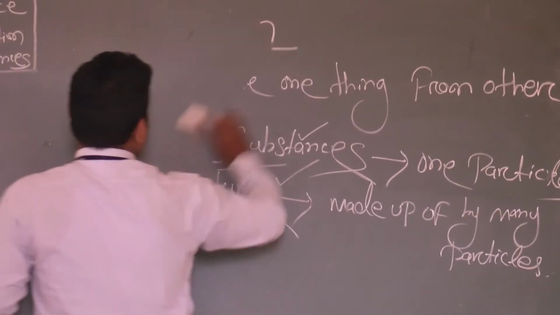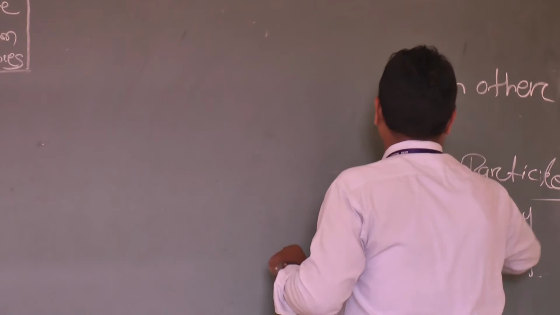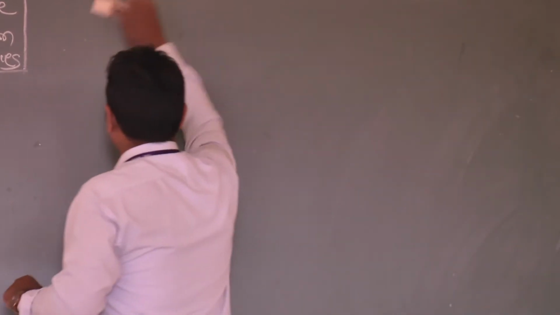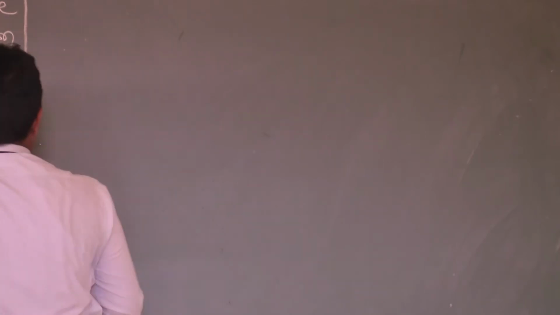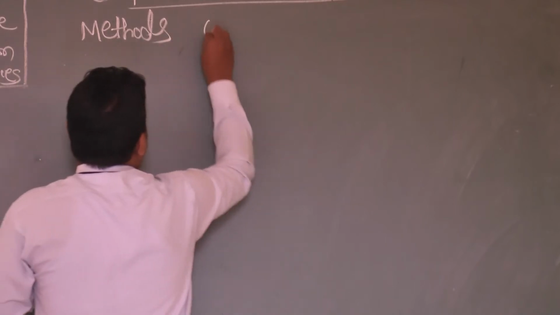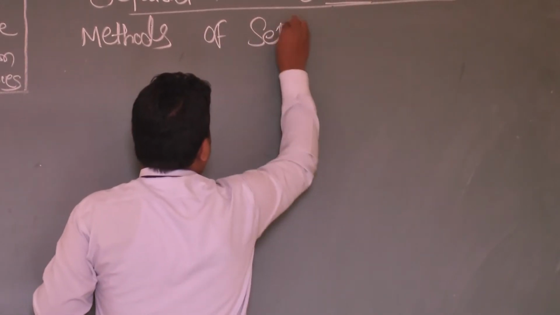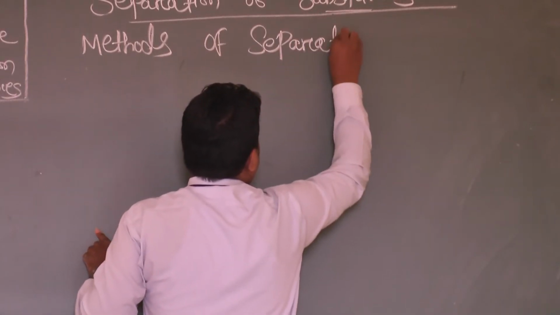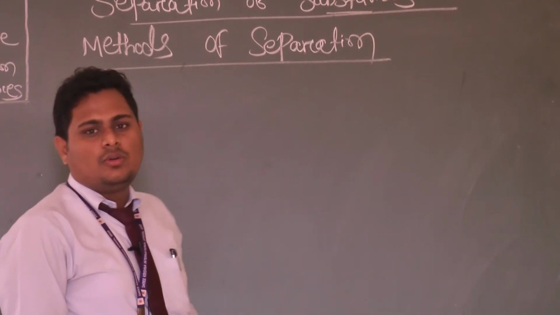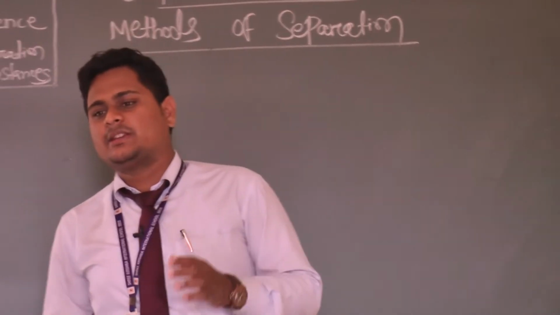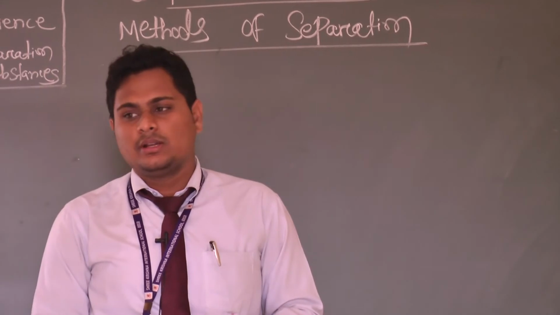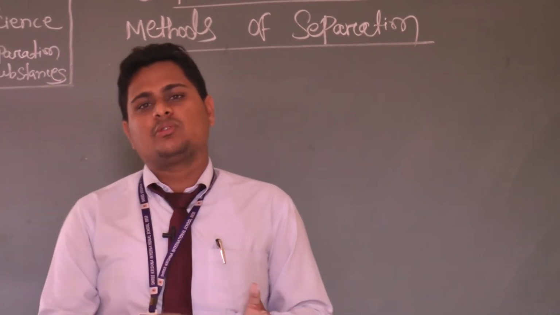The methods of separation. So, when we are separating something, it means we are separating solid from solids, we are separating solid from liquids, we are also separating the liquids from liquids.